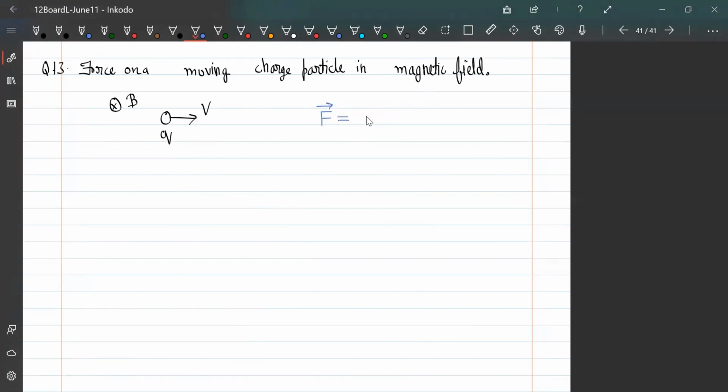Sir, F vector is equal to q (v vector cross B vector). Correct. V cross B. और स्केलर फॉर्म में लिखना चाहे तो दैट विल बी qvB sin theta, जहाँ पे theta है एंगल बिटवीन द वेलोसिटी वेक्टर एंड मैग्नेटिक फील्ड वेक्टर. ओके. एंड उसके बाद हमने मोशन पढ़ा था.